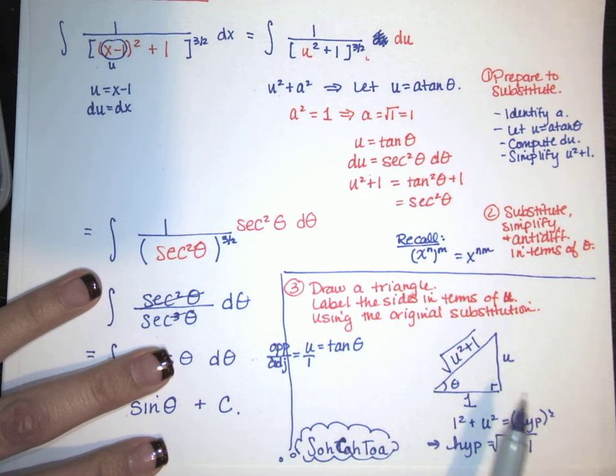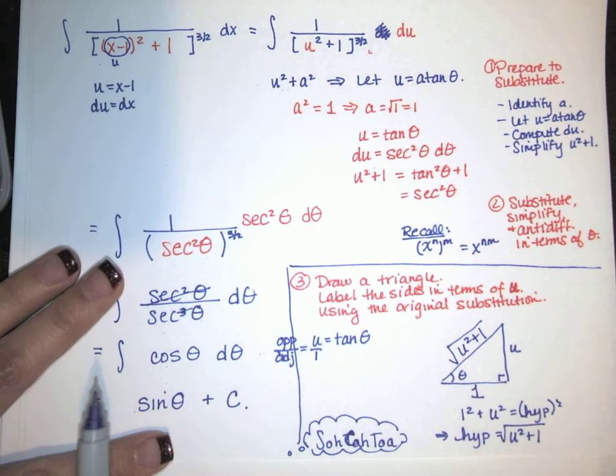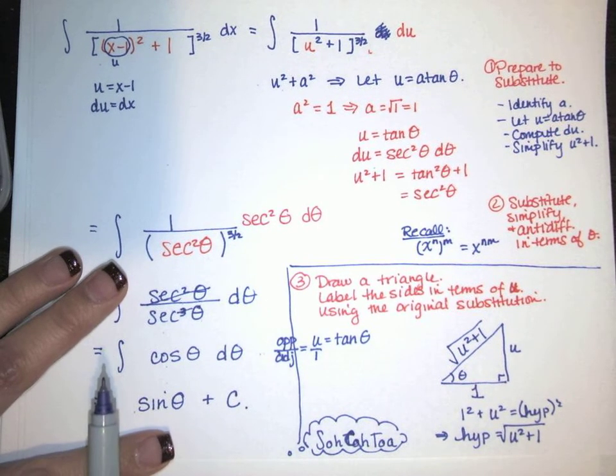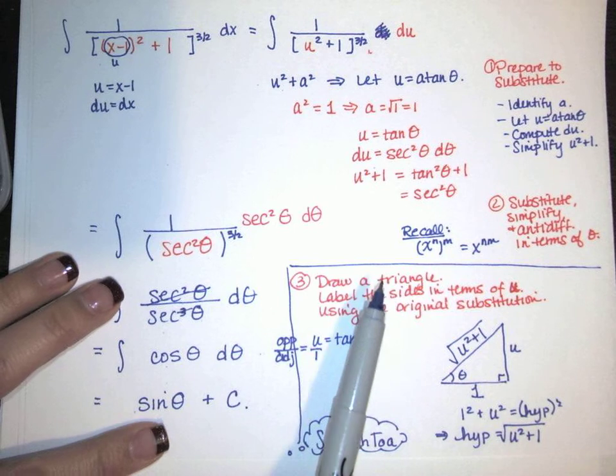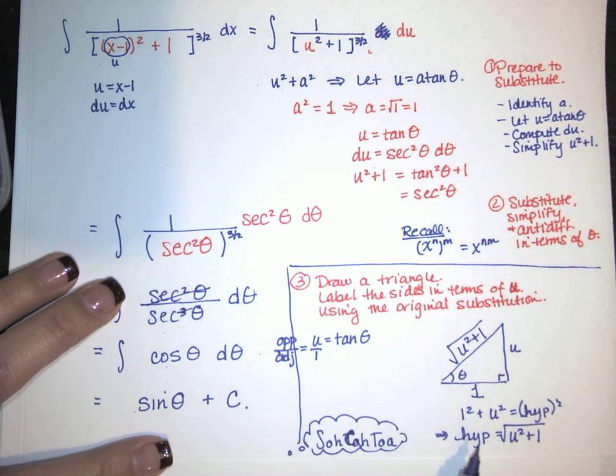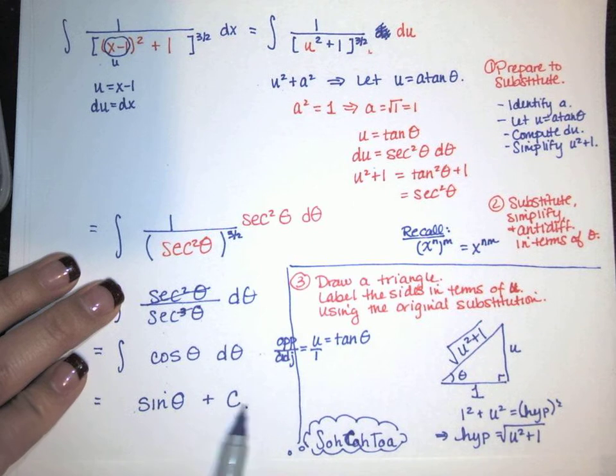And I've got the hypotenuse, I've got the opposite side, I've got the adjacent side. The question was, why was I doing this again? Oh yeah, that's right. We drew the triangle for the purpose of getting these sides labeled in terms of u, and we did that for the purpose of getting this final answer in terms of u. And then eventually we'll get back to x.